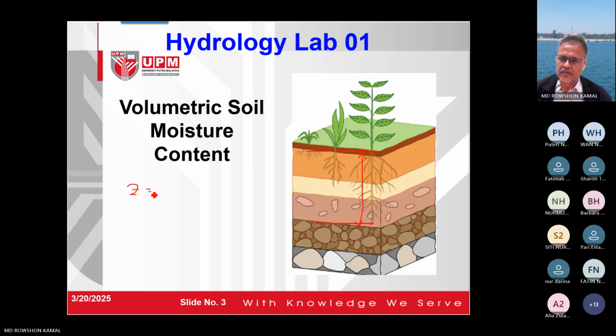Okay, z means this one. If I consider z, let's say this z is 0.9 meter. Okay, this z means this distance from here to here.